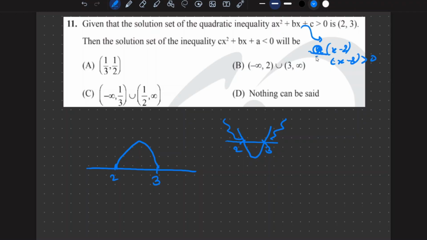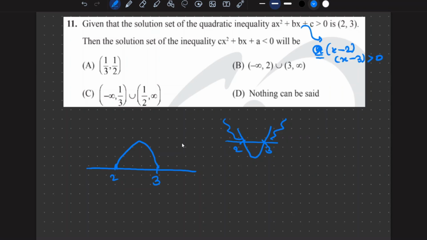Since a is negative, I divide by a both sides and the sign changes. Let me write it a bit more neatly. So we'll be having a times x minus 2 times x minus 3 positive, and if we divide by a both sides, the sign will change, because a is a negative quantity.